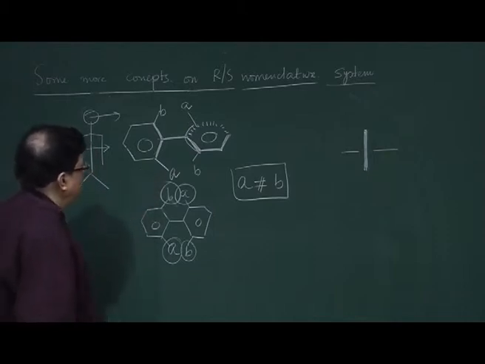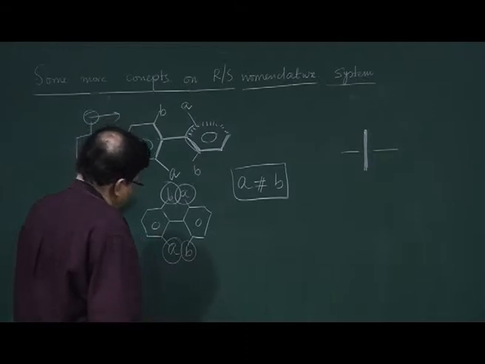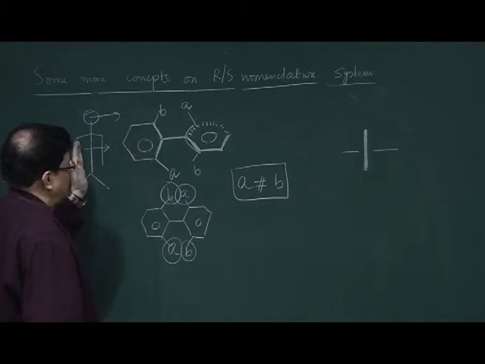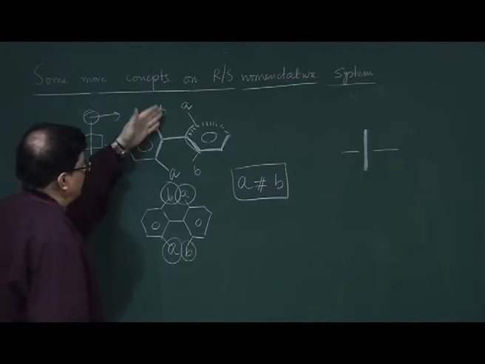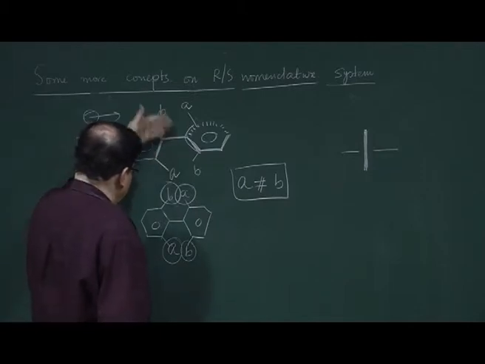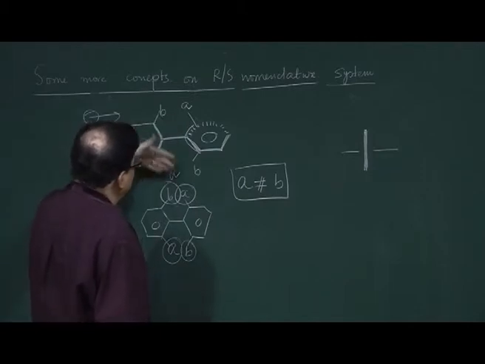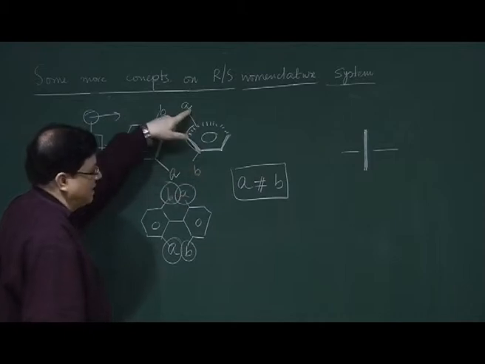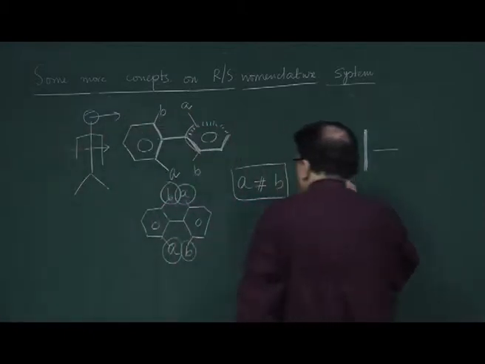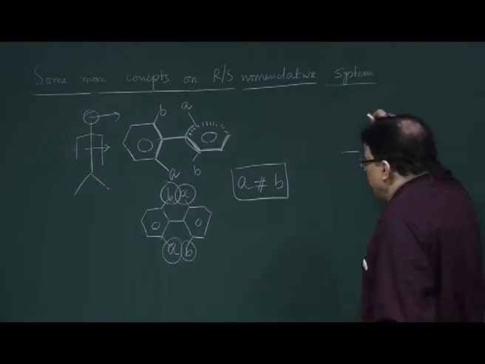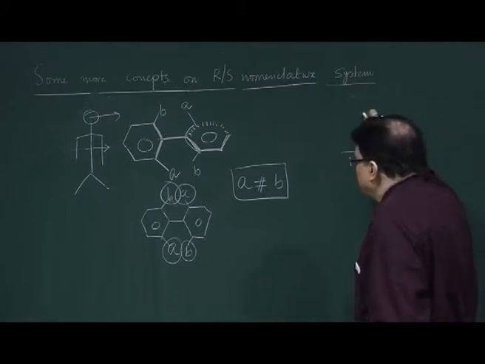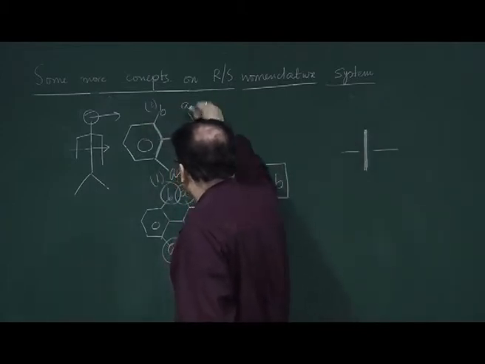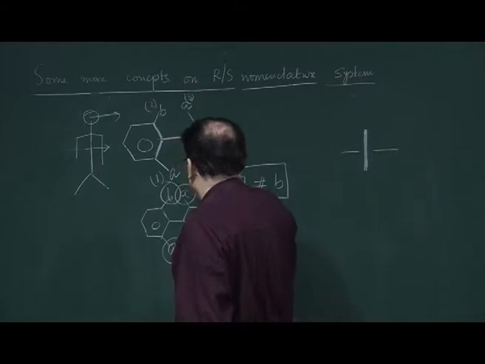Now we have to apply the same rule: the front groups will be awarded higher priority than the groups at the back. If you do that, suppose this is 1 by priority sequence, this is 2, and this should be 3 and this should be 4.